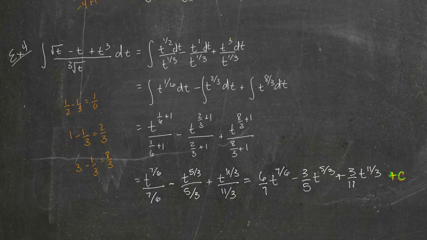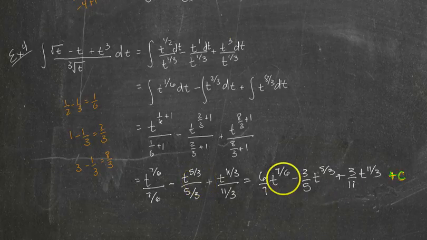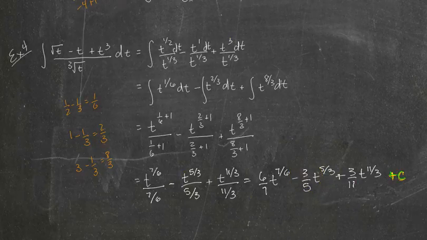Don't forget that. Okay, so my final solution here: 6/7 t to the 7/6 all the way over to plus c. And the really kind of sad thing at this stage of the game is that, as complicated as it was to work with all these little fractions, these are the easy kinds of antiderivatives to find. Yikes!